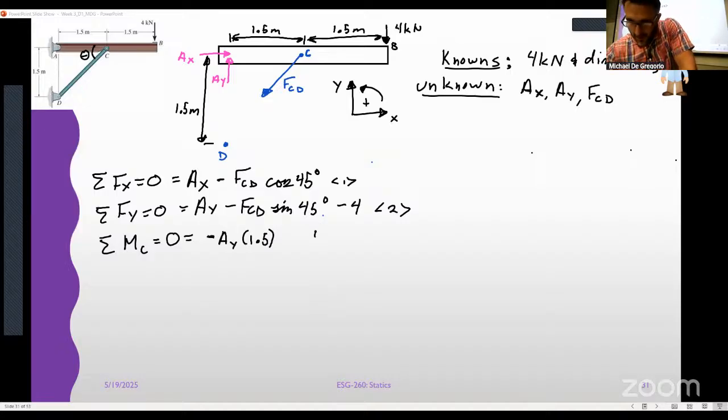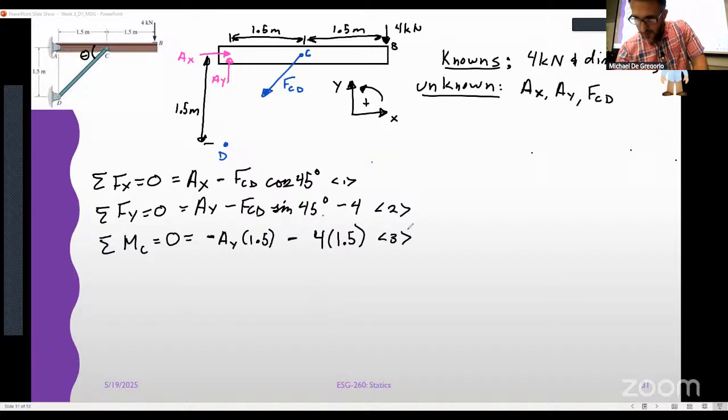Remember, it's the force times the distance it is away perpendicularly from our point of interest. It's 1.5 meters. Is this a positive or a negative? It's negative. If I push down on the end with respect to point C, that would force a clockwise rotation.